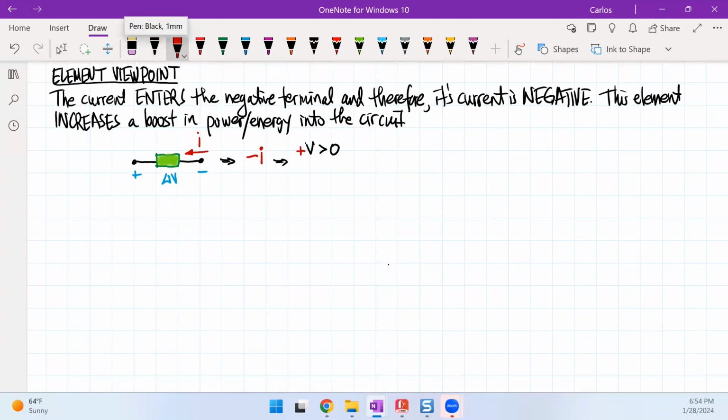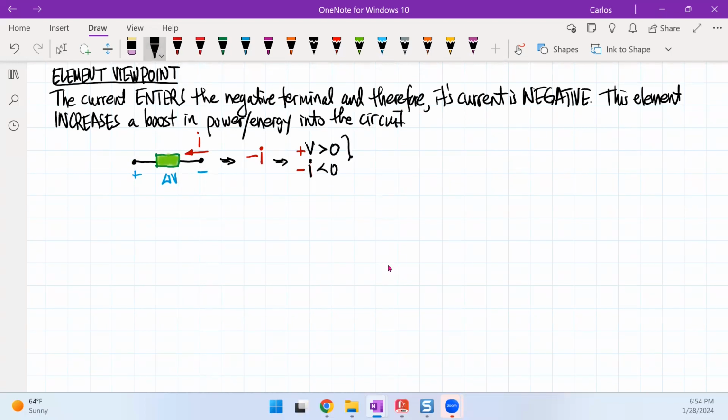Our current here is negative because it enters the terminal that's negative.